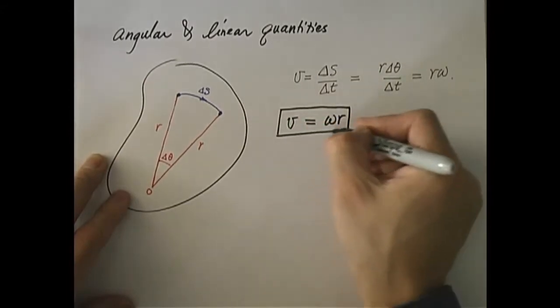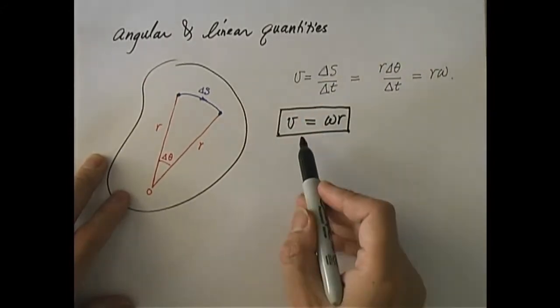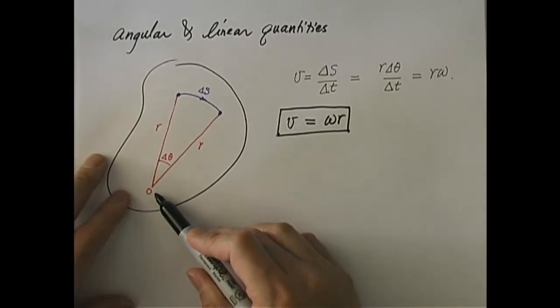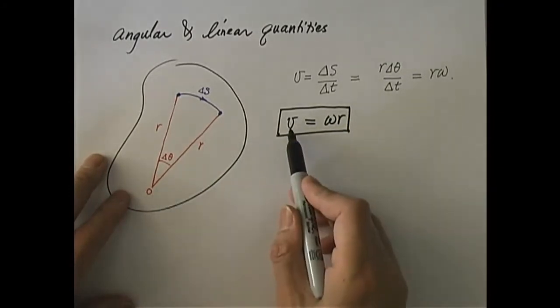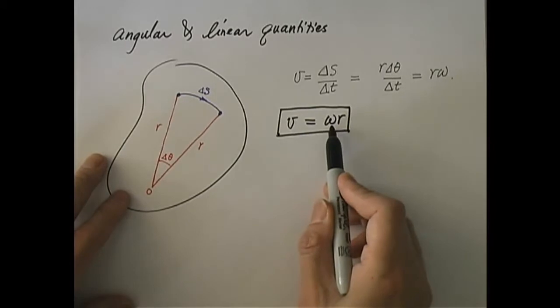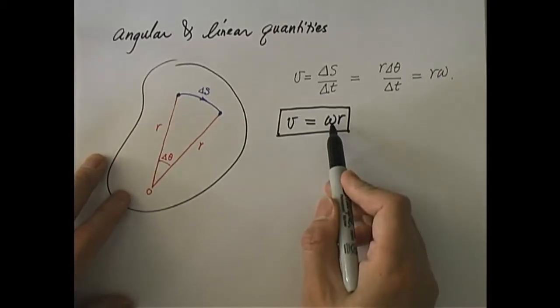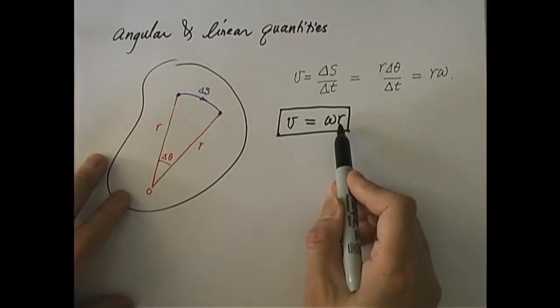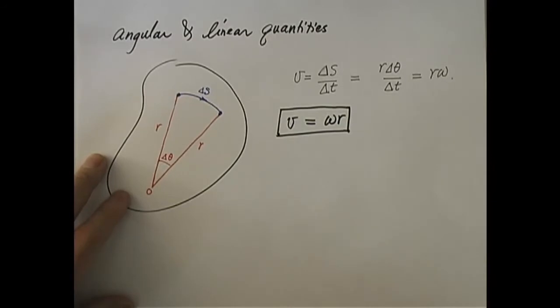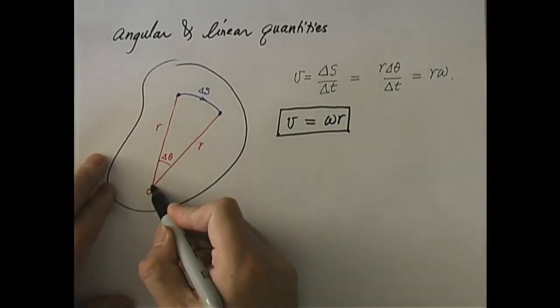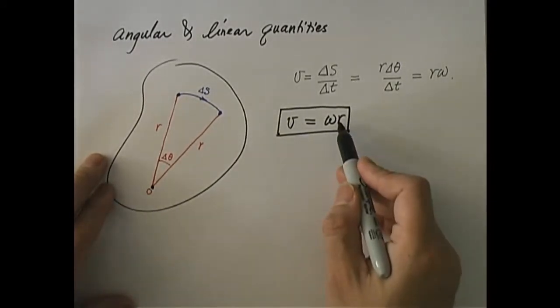So different points on the rigid object will have different values of linear speed, even though they have the same omega. If it's rigid, it's got to have the same omega if it's a rotation about a fixed axis. Omega is the same, but if the distance between that point and the axis of rotation is different, then v can be different. A point right on the axis of rotation will not move at all because r is equal to 0.